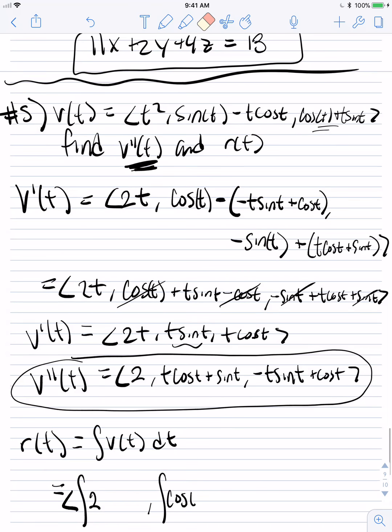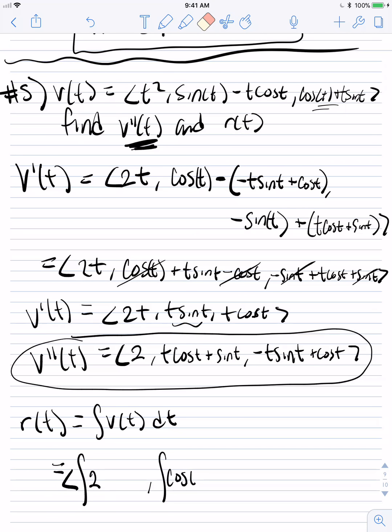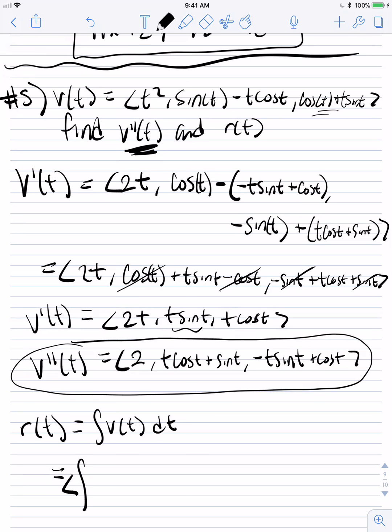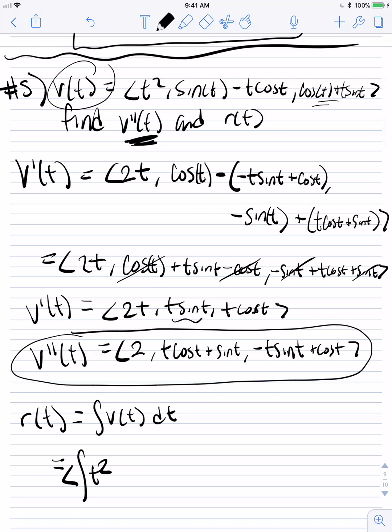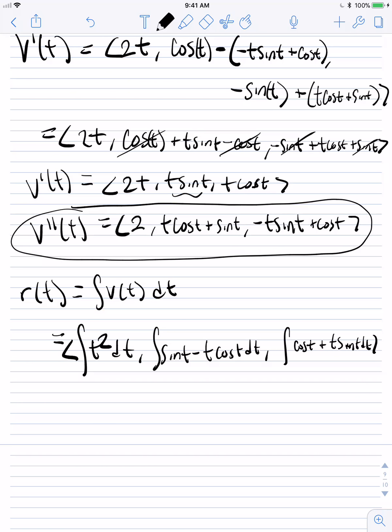I did the wrong vector, sorry about that. I was looking at the wrong vector. So we're looking at this vector, v of t. We have the integral of t squared dt, the integral of sine t minus t cosine t dt, and the integral of cosine t plus t sine t dt. And solving for that, we would get our position vector.